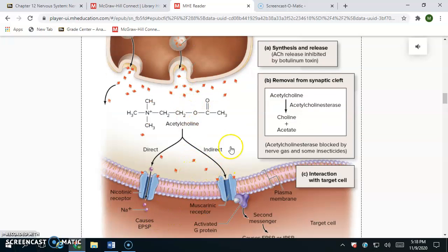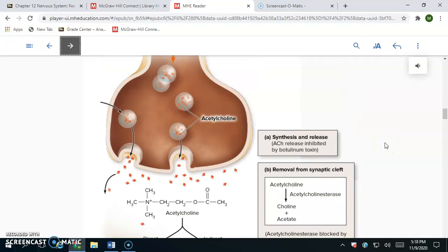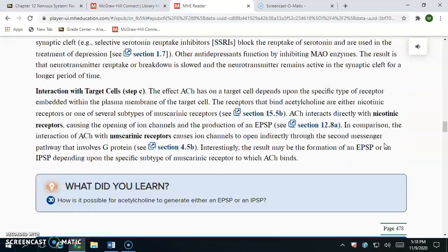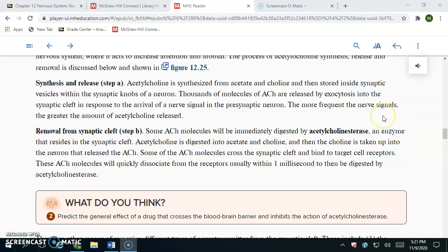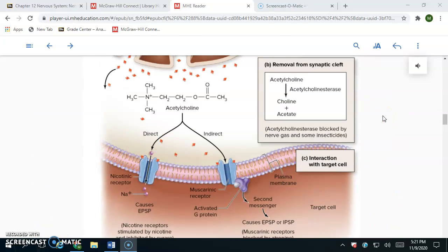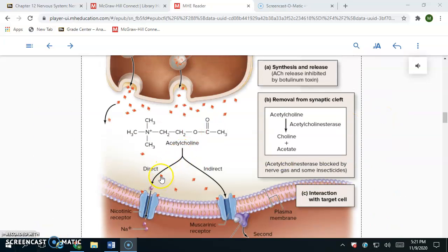And then there are ways that we are able to remove acetylcholine from that synapse. Okay, so I found it up here. We have the removal of acetylcholine from the synaptic cleft. So one of the ways, it's down there in the text, is after acetylcholine is released by exocytosis from that axon terminal, and we no longer need acetylcholine to bind to these receptors because we don't have that signal coming anymore, then there is an enzyme that is produced.